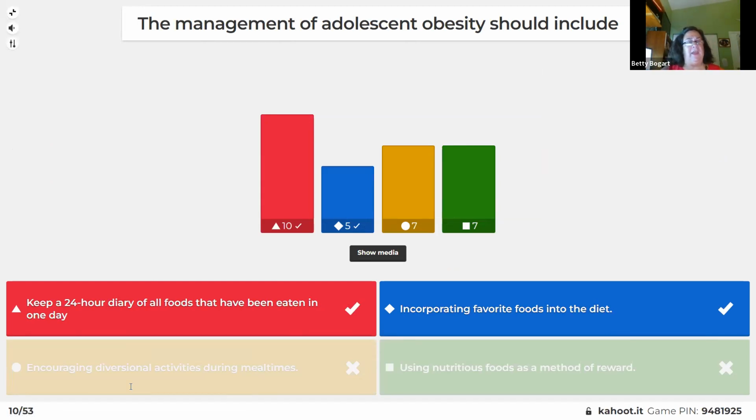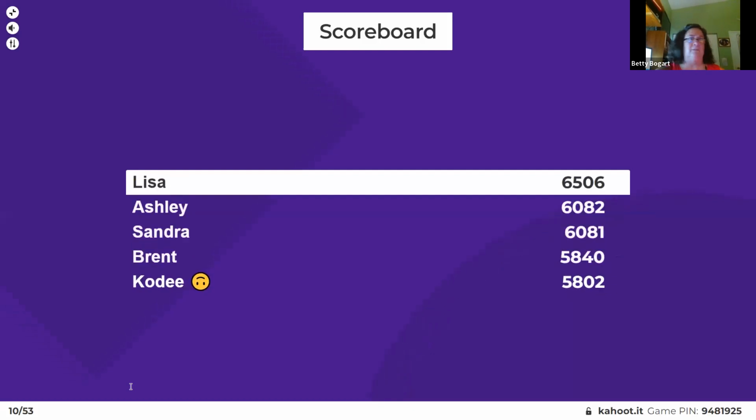We have no clue what they ate, but in any diet, especially for adolescents, you're going to have to put some of their good food in there. Encouraging diversional activities is good for a young kid. It's not good for an adolescent. Most adolescents don't want nutritious foods. But if we can keep a diary, find out what they like, what they don't like, and then incorporate their favorite foods in there somehow, it'll be a diet that will work for this child, hopefully.